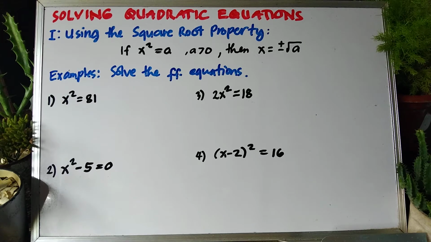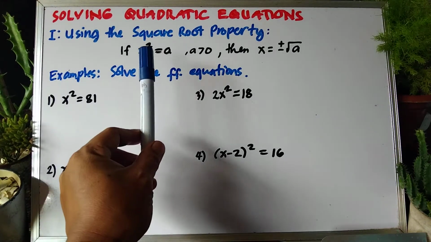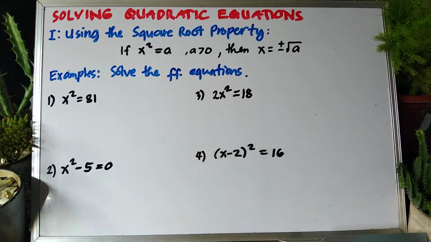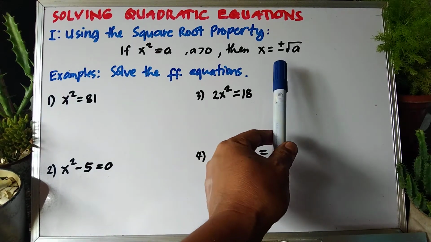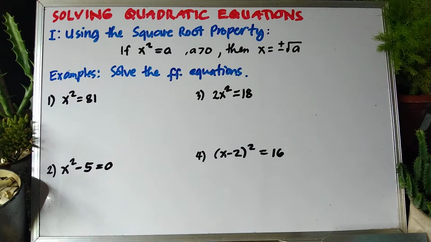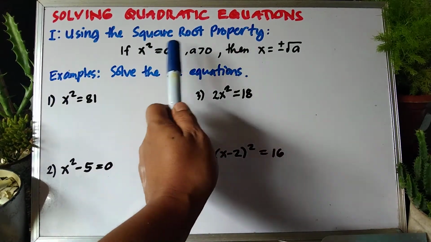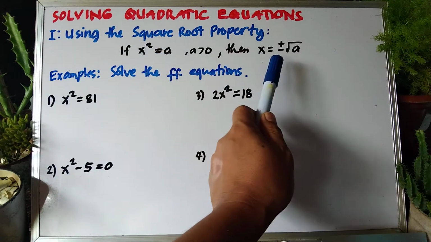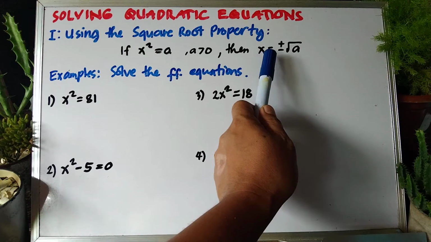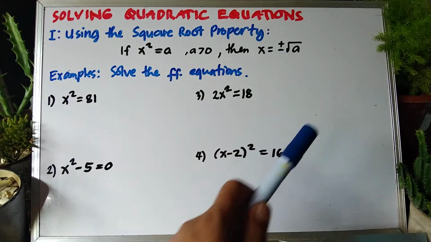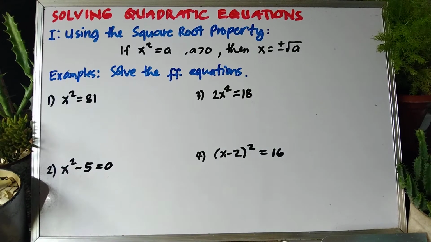The property states that if x squared is equal to a, where a must be greater than 0, then x is equal to positive negative square root of a. Meaning, the roots or the solution set of x squared is equal to a is x is equal to positive square root of a and x is equal to negative square root of a. So it has two roots.